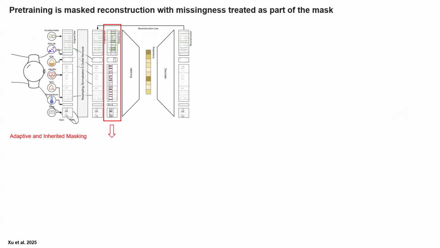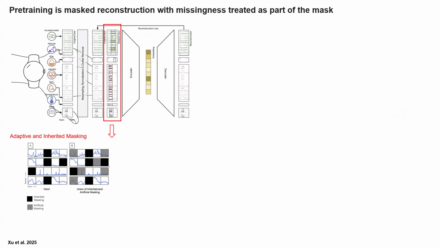They use the adaptive and inherited masking that was mentioned in You et al., 2025. So what they do is, we have input information that already has missing data. Next, they introduce some points, an artificial missingness, like the masking.